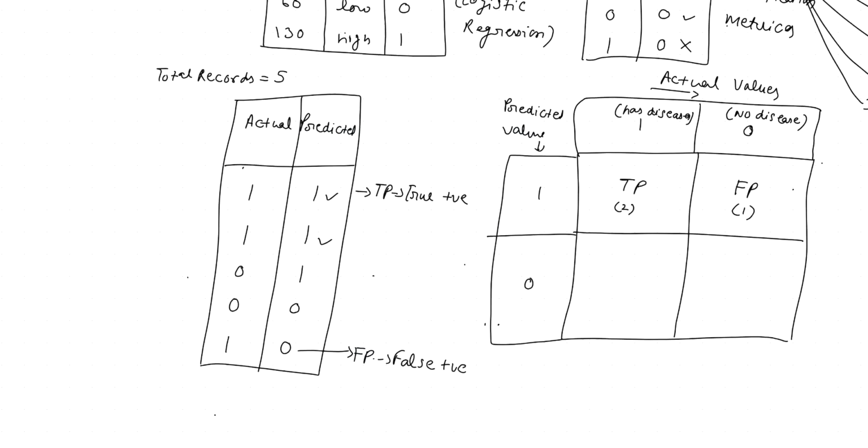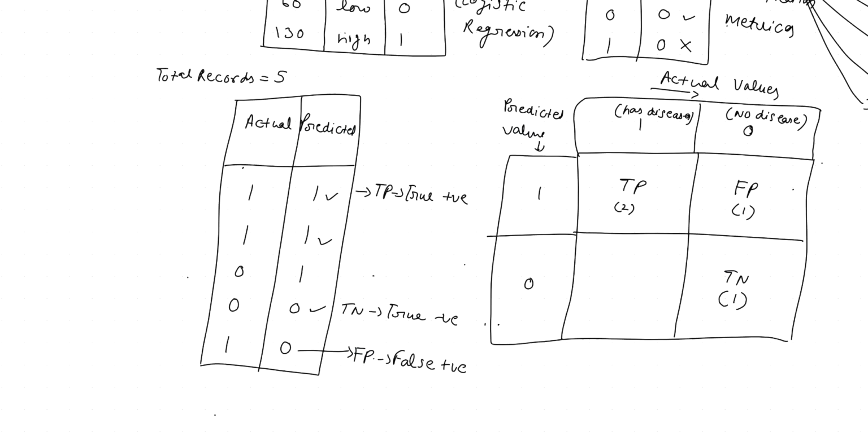This is correct, right? The patient does not have a disease in actual, and your machine is also saying he does not have a disease. This is called true negative. So write it down here. How many values is it? Only one, right? Because this is predicting correctly.